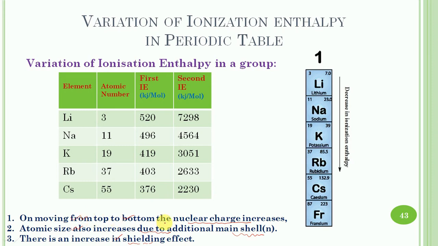As a result, electrons become less and less firmly held to the nucleus, and the removal of an electron becomes easier as we move from top to bottom. So ultimately, ionization enthalpy will go on decreasing as we move from top to bottom.